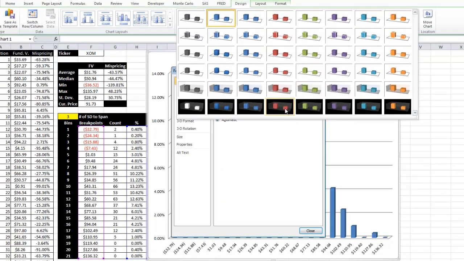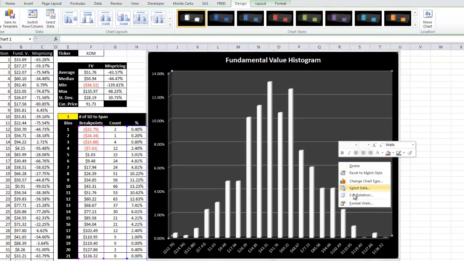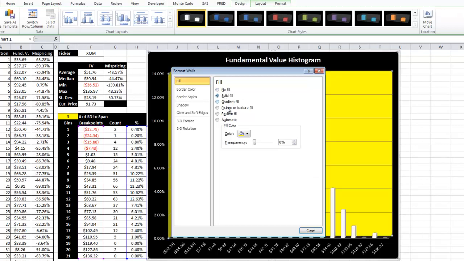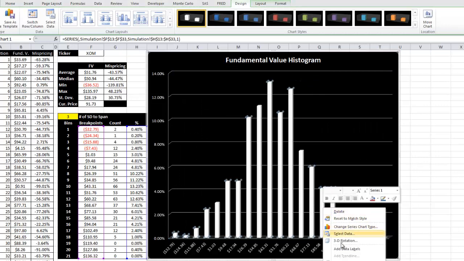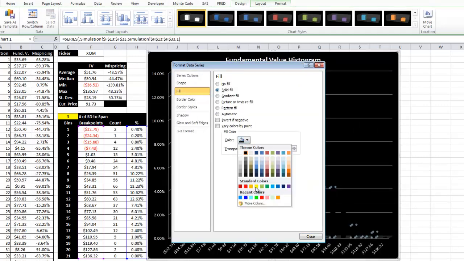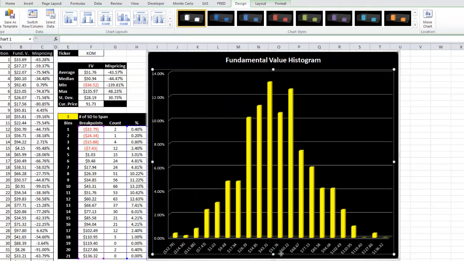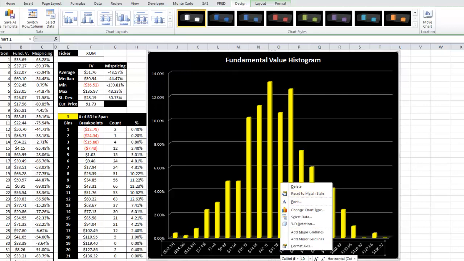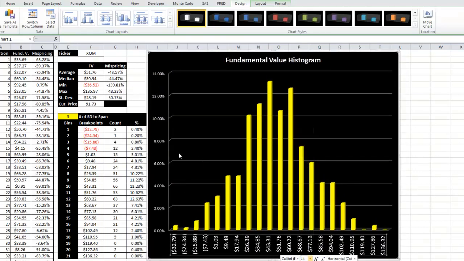I actually like to make it pop myself, so I like to do something like this. And format that with a solid fill of black. And maybe turn those into yellow just to make it pop a little bit, and then resize that just so we can see the axes a little bit better.